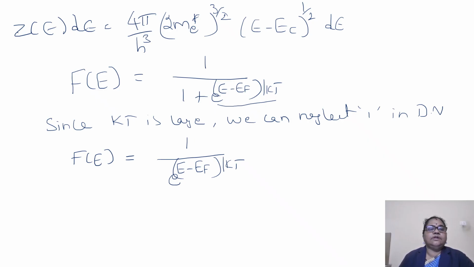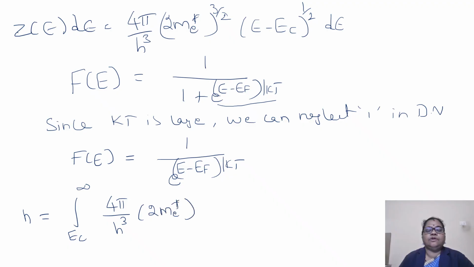So we can write the general expression as n equal to the integral from Ec to infinity of Z(E) dE into f(E). That is 4π by h³, multiplied by (2m*) to the power 3/2 into (E minus Ec) to the power half dE, multiplied by 1 divided by e to the power (E minus EF) by kT.